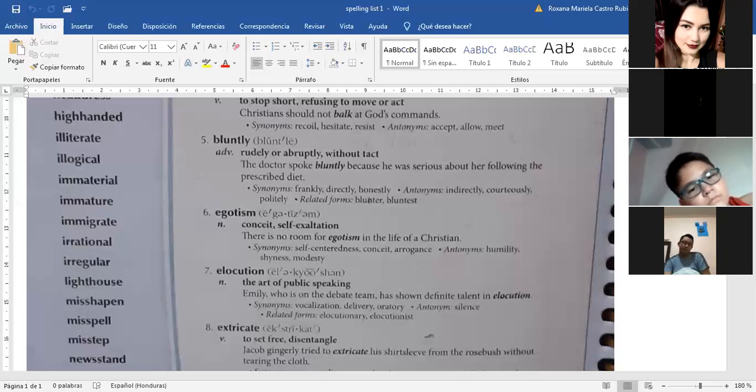Now the number 3 says, Emma had always, and then we have the word, at the thought of door-to-door witnesses. But once she started doing it, she quickly gained confidence. Bluntly. It starts with B, but it's not bluntly.